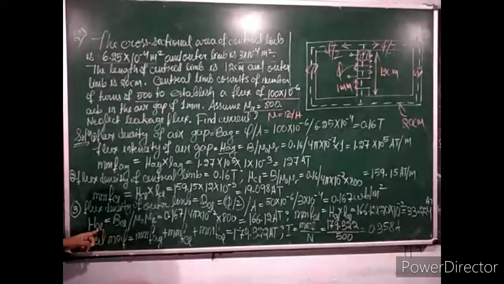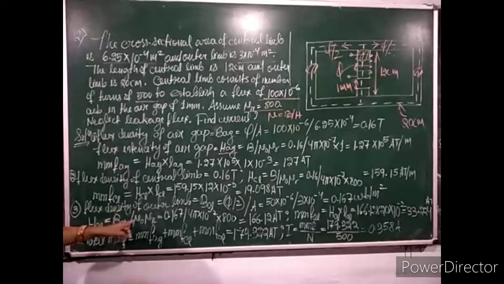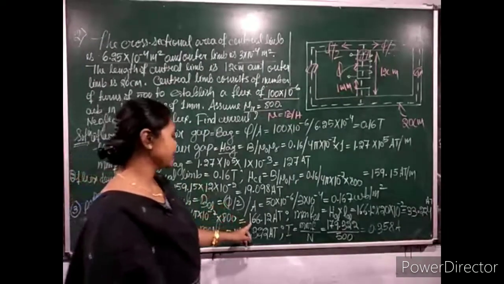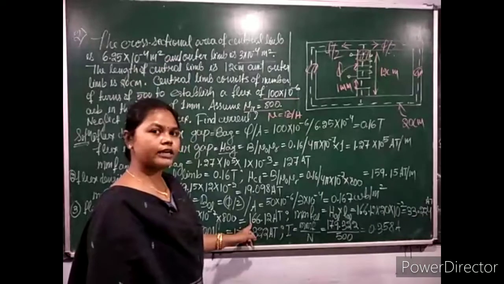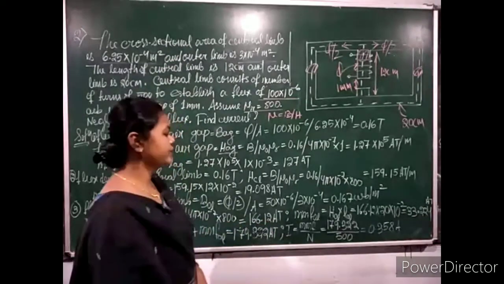After that, you calculate flux intensity. That is, flux intensity of the outer limb is flux density of the outer limb by mu 0 mu r. You put the value of all these parameters, which gives the flux intensity of the outer limb as 166.12 ampere turn per meter.